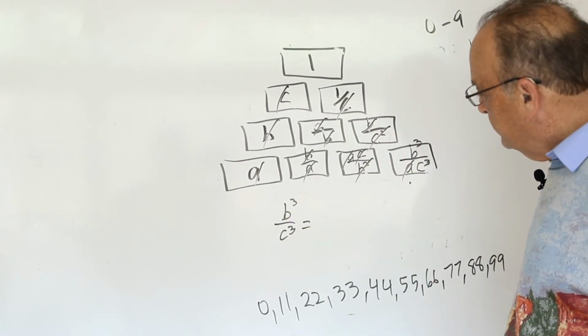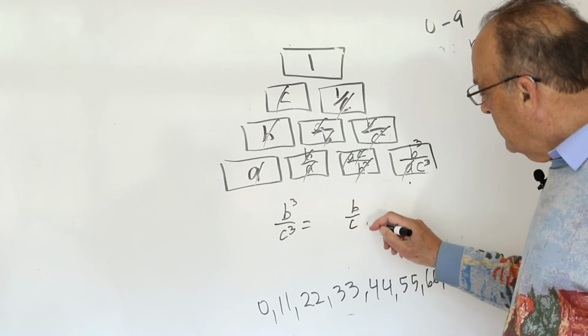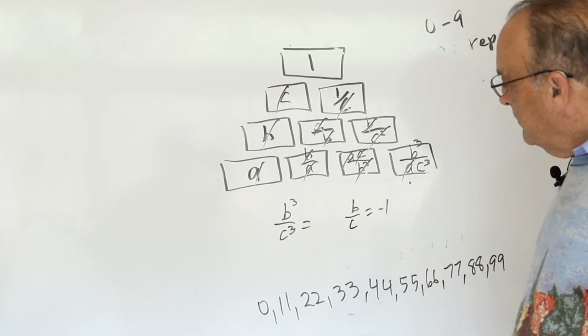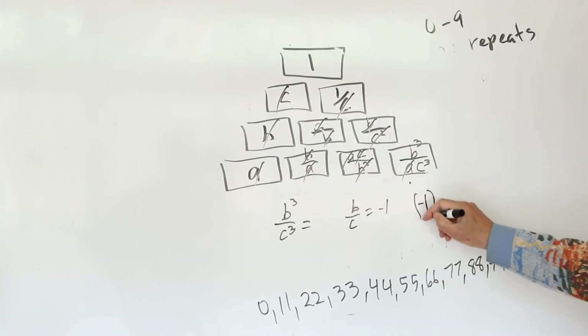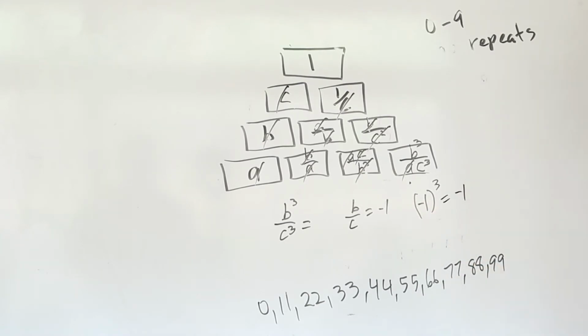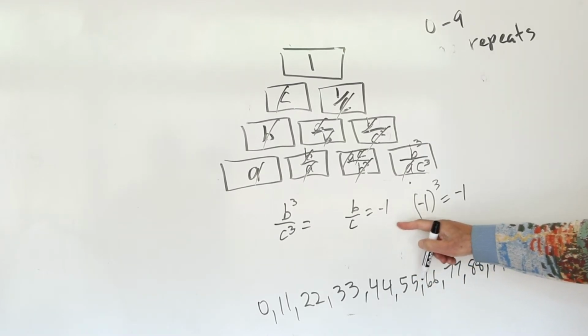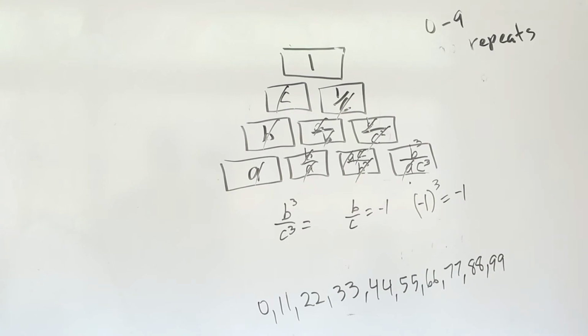It could be B over C could be negative 1, because negative 1 to the third power would be negative 1. So if you try all the other possibilities, negative 1 is the only number that you can cube that will give you negative 1.